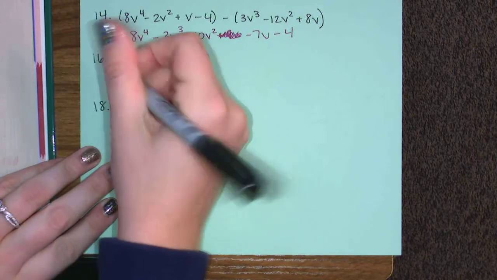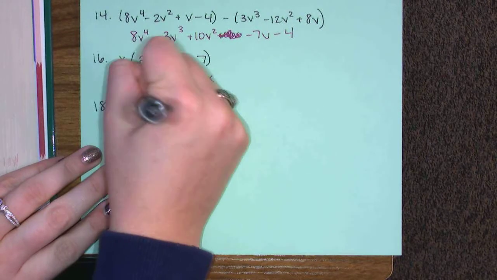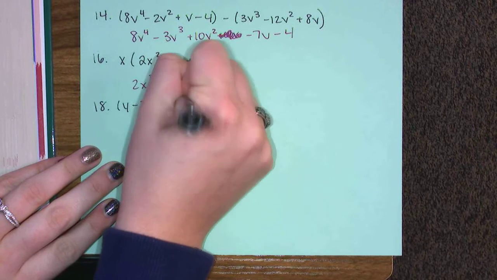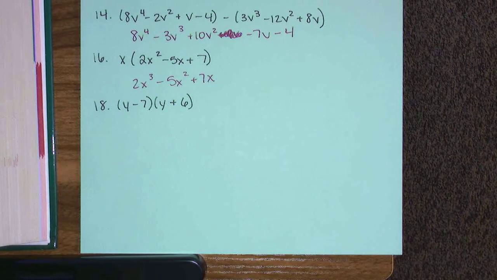Alright, 18. y minus 7, y plus 6. FOIL, so what does that give us?